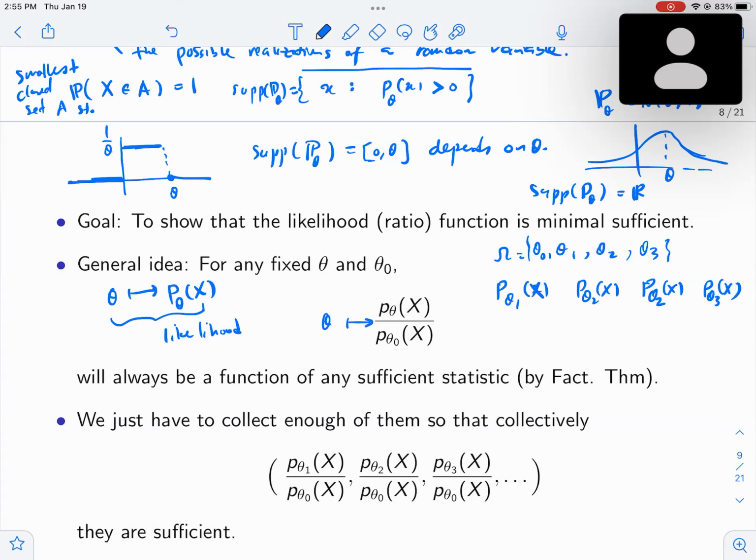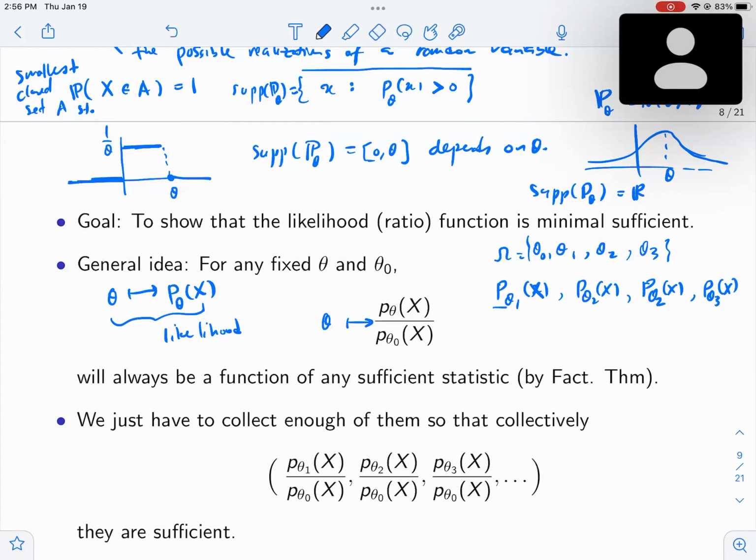So this is one random variable, another random variable, another one. And as a function, you can represent the likelihood function as a vector. The function can be represented by a vector because the domain is finite, and then I divide everything by p theta 0. This is going to be 1, so I can drop it; I don't care about that one.